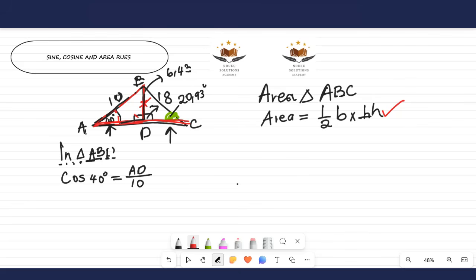Multiply by 10 on both sides, and then our AD will simply be 10 cos of 40 degrees. When we press this in the calculator, it will give you AD equals 7,66 centimeters. Good. Do the same thing for the other triangle.